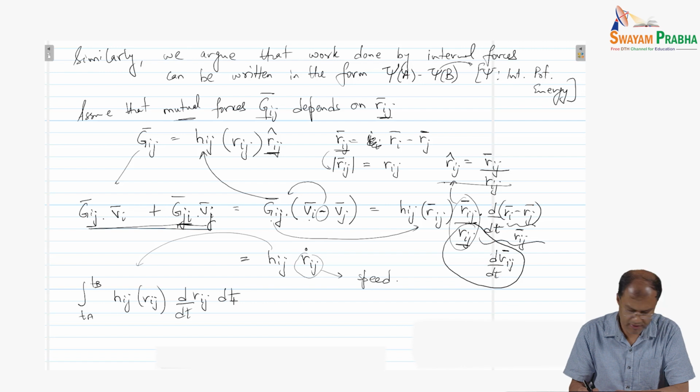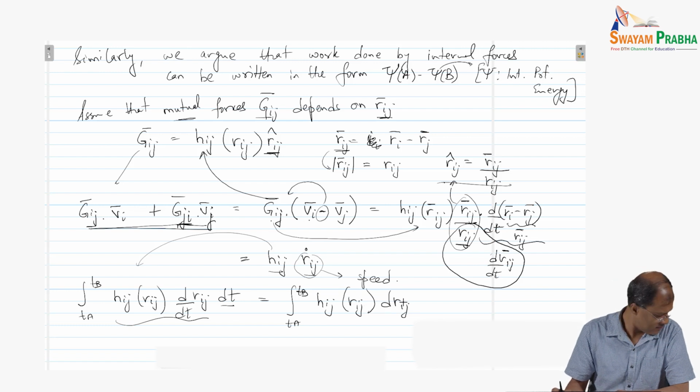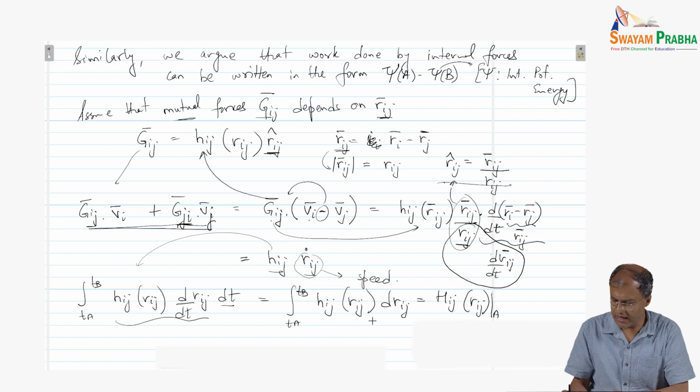Okay, so then we can see, well, this is the work done. So Hij, Rij dot times dt, and now we have the integral from TA to TB of Hij of Rij times dRij, right? And this is going to be Hij of Rij at A, as we are integrating this out.